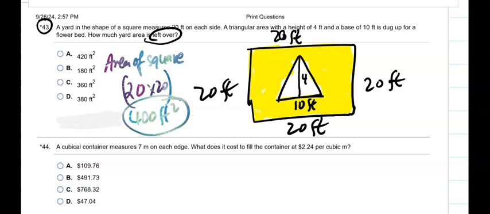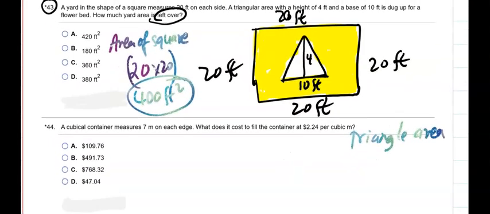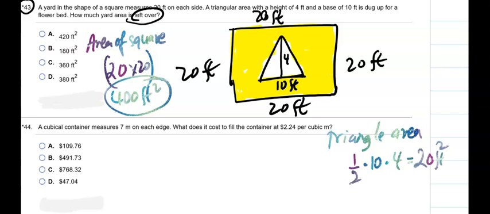So what's the area of this triangle? Let's find the triangle area. The triangle area is going to be half times the base, which is 10, times the height, which is 4, which gives you 20 square feet. So how much area is left over?